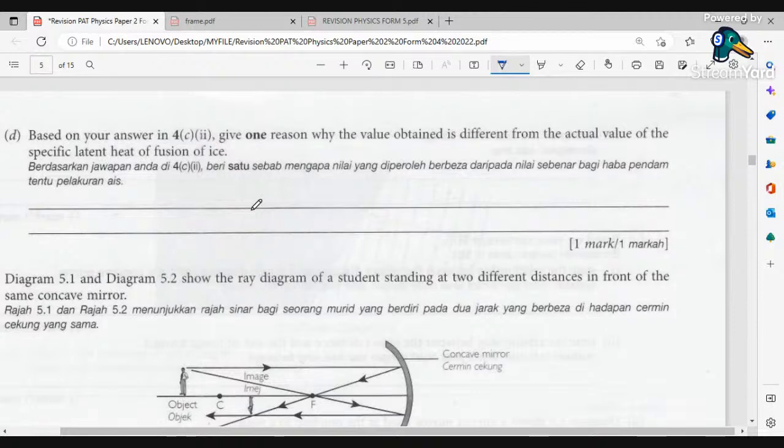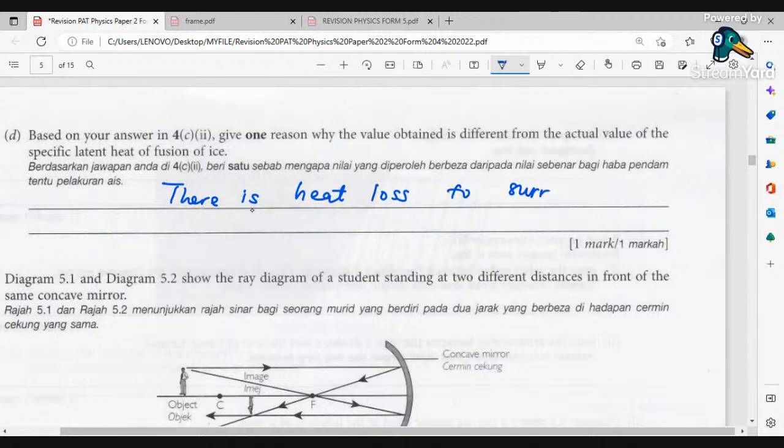But reality, there's always heat loss to surrounding. That's the reason why the reading is different from the actual value. Okay, and write down there is heat loss to surrounding.